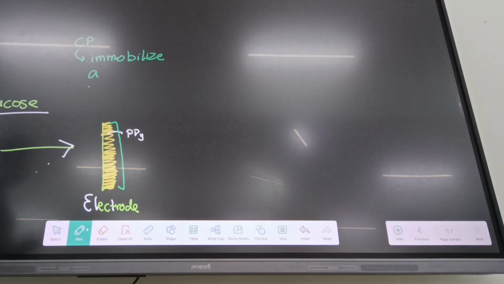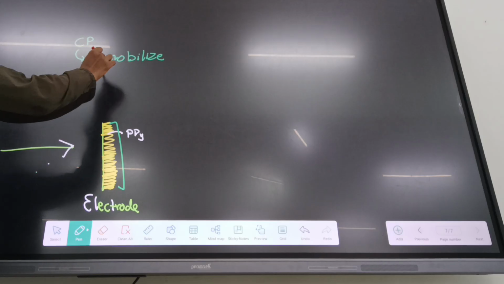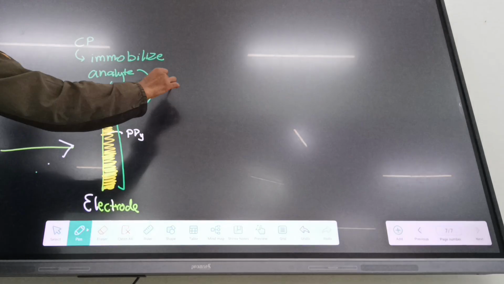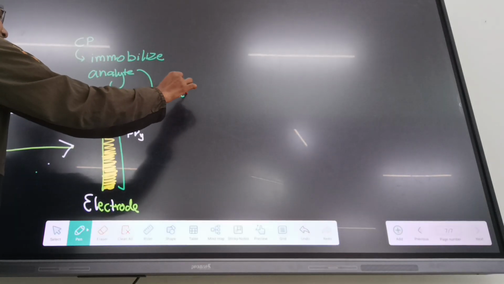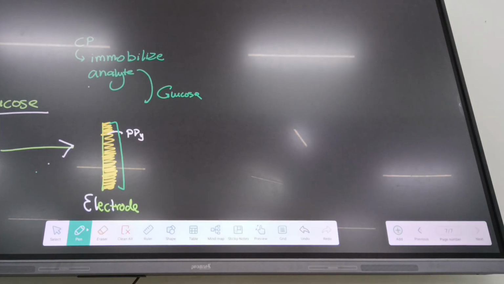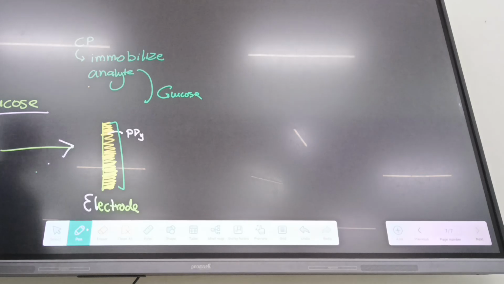Always remember, sensors have some specific terms. Analyte means the thing that is being sensed. Here the analyte is glucose, so it actually immobilizes the glucose. For detection, you need to capture the glucose. So it helps in immobilizing the glucose.